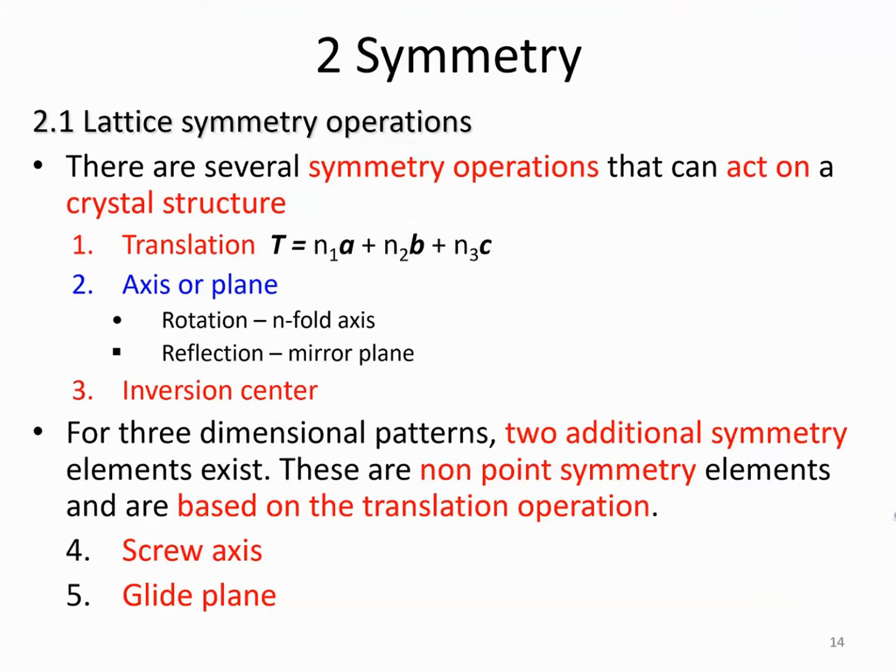So, lattice symmetry operations. There are several symmetry operations that can act on a crystal structure. Translation, T equals n1a plus n2b plus n3c, depending on whether you want to write a1, a2, a3, or a, b, c for the lattice vectors. It's up to you.